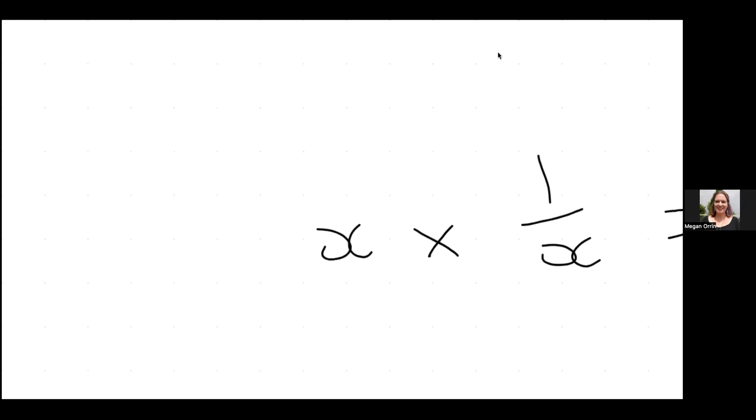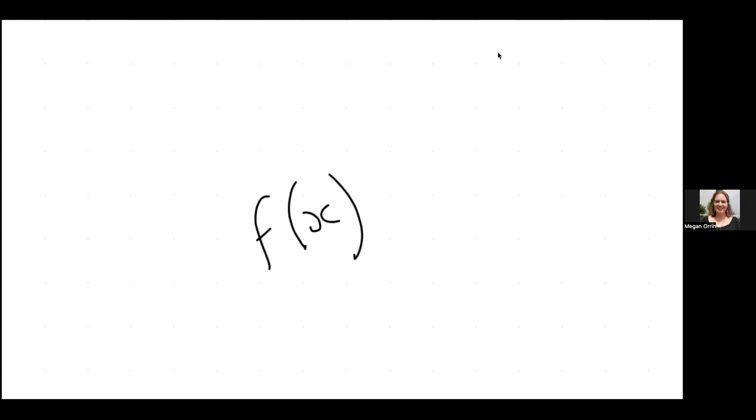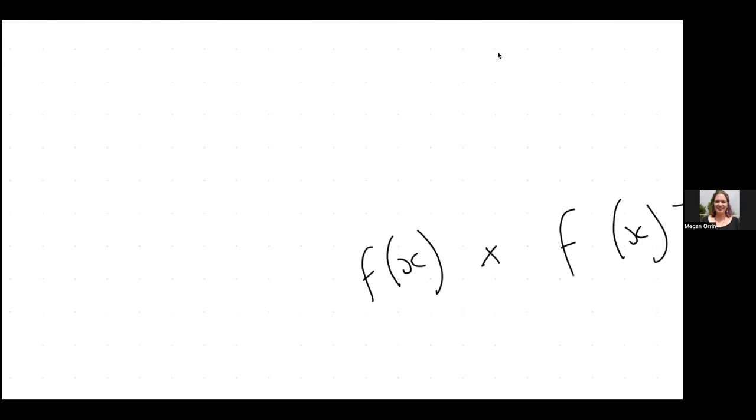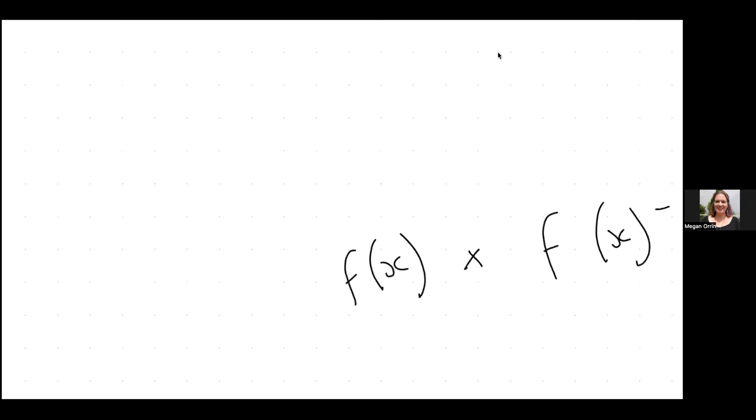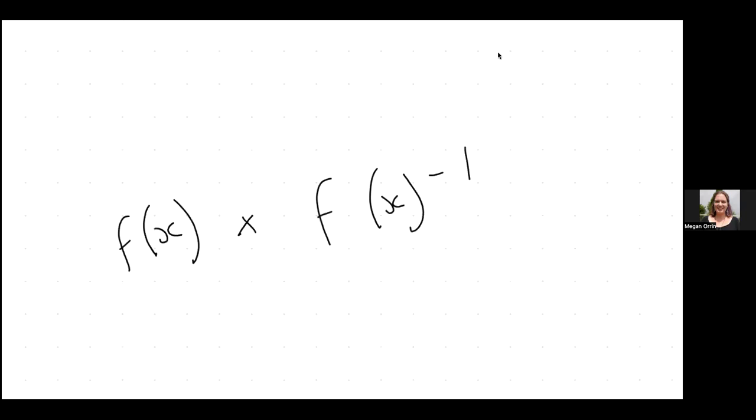So, this is one of the rules we talked about last year. Anything multiplied by its inverse is 1.